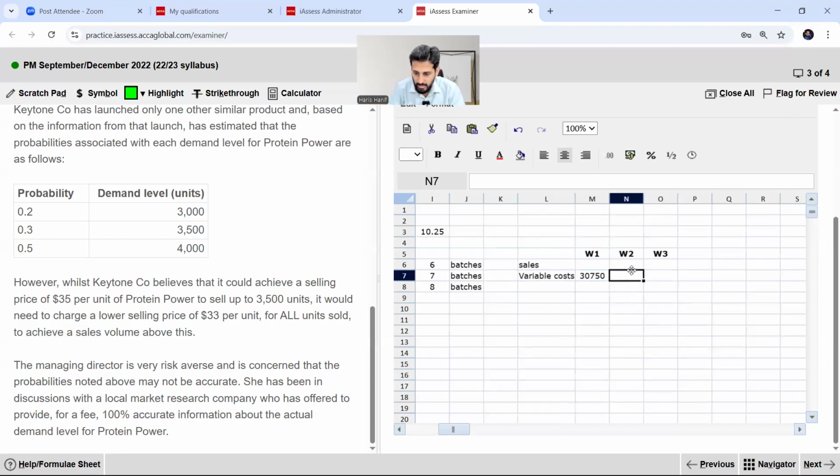Okay, no problem. We are just writing it over here. 3000 multiplied by 10.25, right? So this is the very simple point.